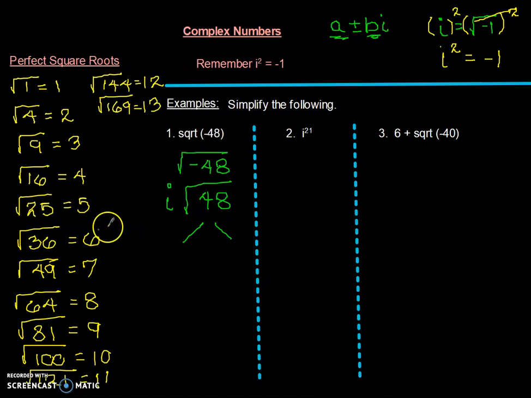I'm going to go to the closest number that's less than 48: 36. 48 cannot be divided by 36 perfectly. 25, no. 16, yes. If I divide 48 by 16, I get 3. So here I'm going to write the square root of 16, and here I'm going to write 3, because 16 times 3 still gives me 48.